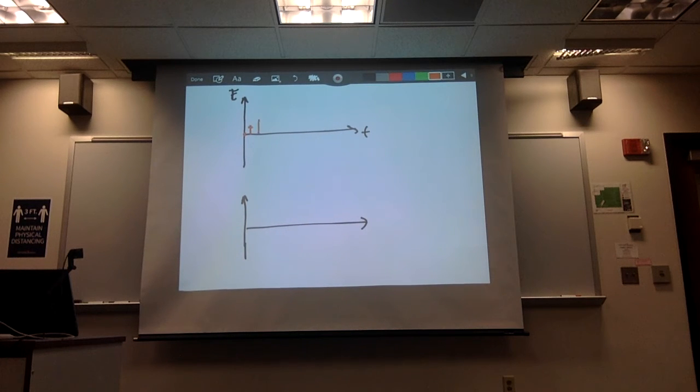So I'm going to get something that starts looking like this, until eventually I reach my maximum electric field, at which point it's going to steadily decrease until again it goes back to zero, and then it's going to switch sides and start doing the same thing on the opposite side.